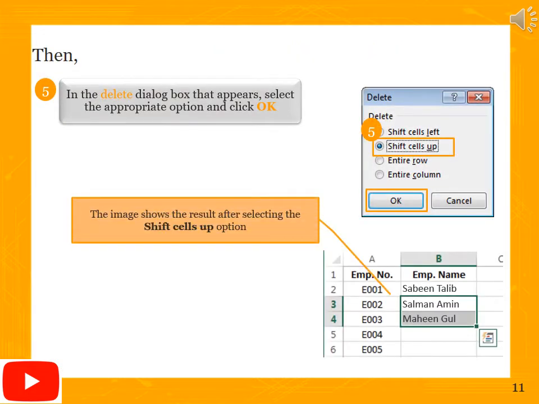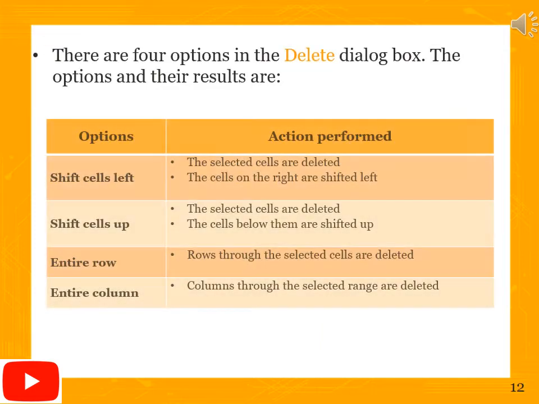Step number 5. In the delete dialog box that appears, select the appropriate option and click OK. Here we have selected shift cell up. By selecting this, our data which was on row number 5 and 6 shifted to row number 3 and 4. Here are the 4 options in the delete dialog box.